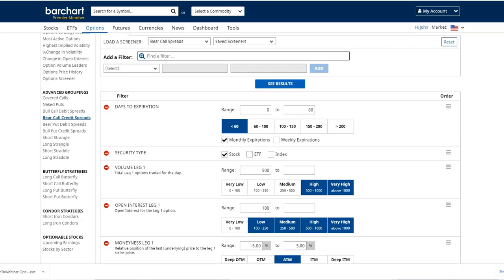So I see a question here that says, what if I can't exit, i.e. no bid? Right. So that scenario would mean that, let's say, you're talking about your long, and you're getting very close to expiration, and there's no way to get any of that money back that you bought. That's a reality, right?